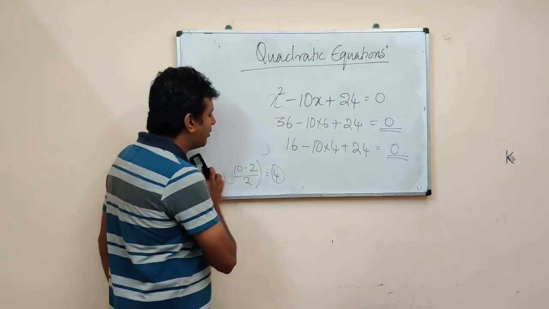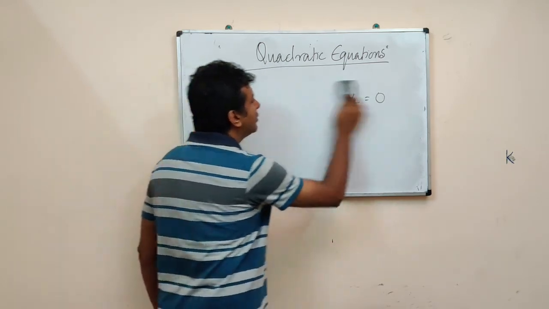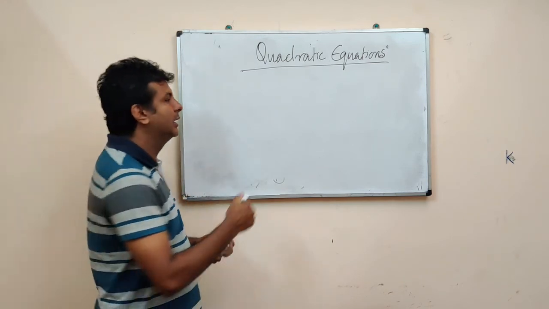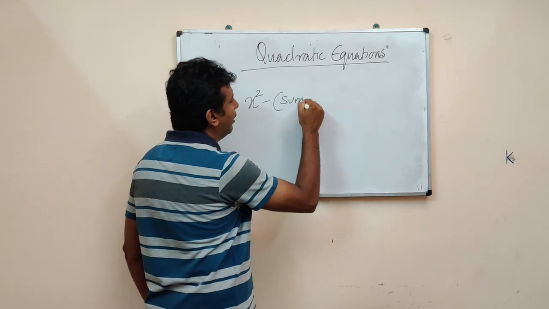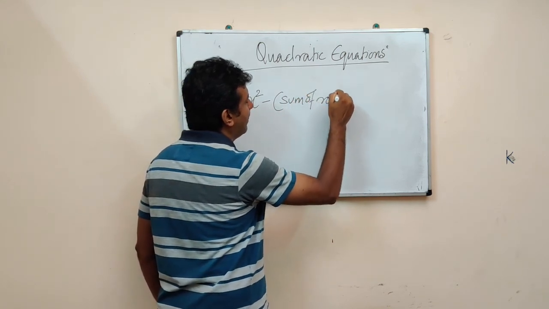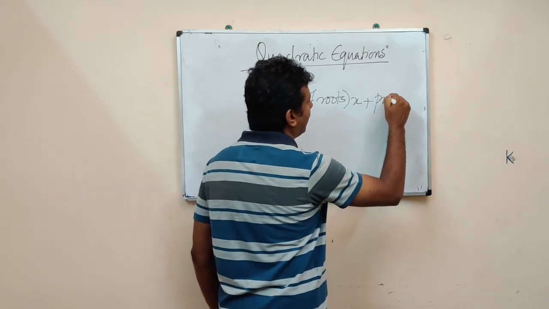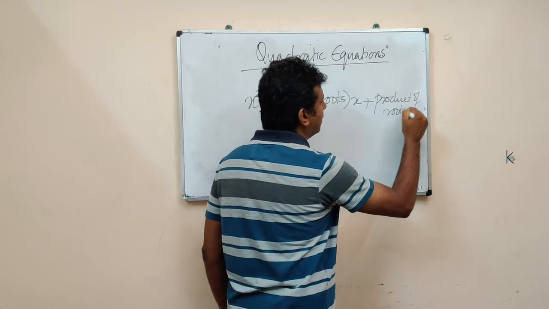Now any quadratic equation can also be written as x square minus sum of roots multiplied by x plus product of roots is equal to 0.